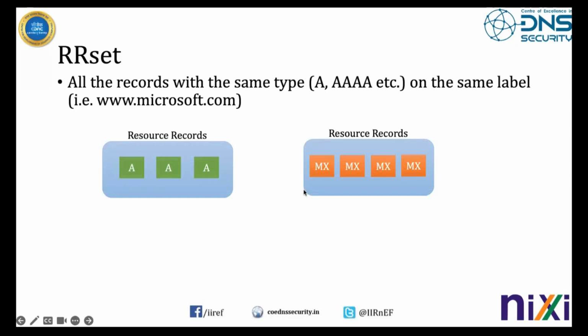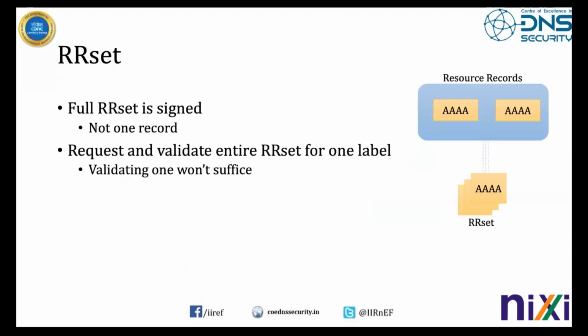You can see this example in which there are 3 A records and 4 MX records, which is basically the mail exchange record. They make one RR set for the A records and one RR set for the MX records. So this is a resource record set. Now, when we do DNSSEC signing, the full RR set is signed.